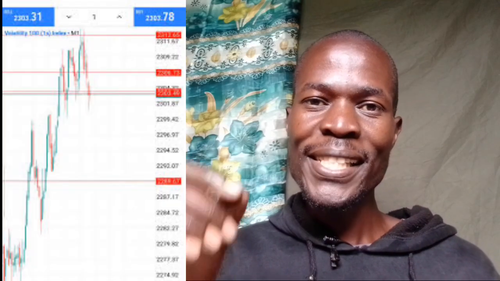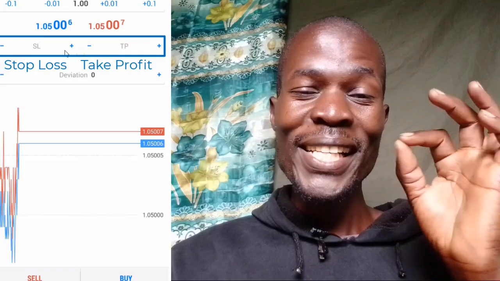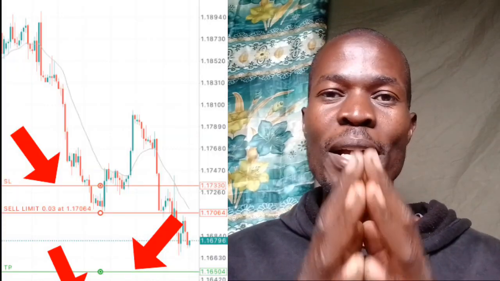Now, this is where strategy comes in. You can't place stop losses randomly. It has to make sense with your analysis. For stop loss, place it below the recent support if you are buying, and above the resistance if you are selling. And never risk more than 2% of your account on a single trade.